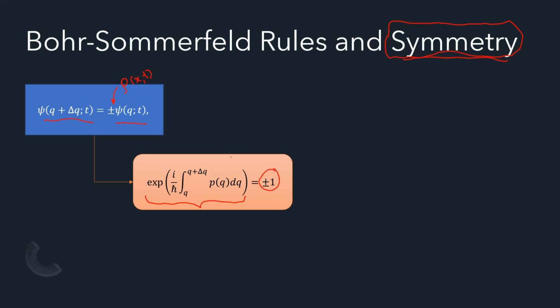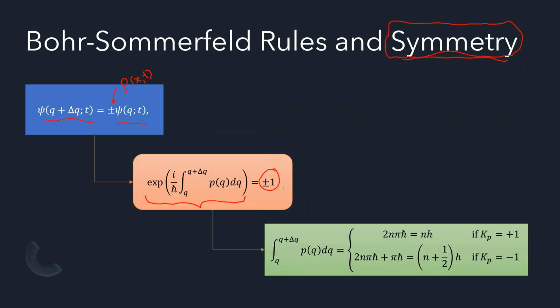But to have this kernel as plus or minus 1 means to have Bohr-Sommerfeld rules already generalized to half integral numbers.